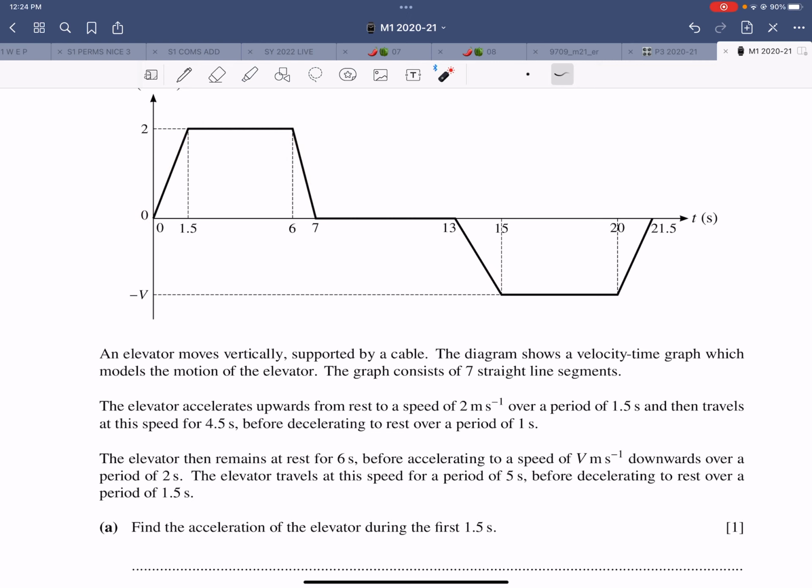The elevator accelerates upward from rest to a speed of 2 meters per second. That is exactly what they are showing in the first part. Then travels at that speed for 4.5 seconds, before decelerating to rest over a period of 1 second.